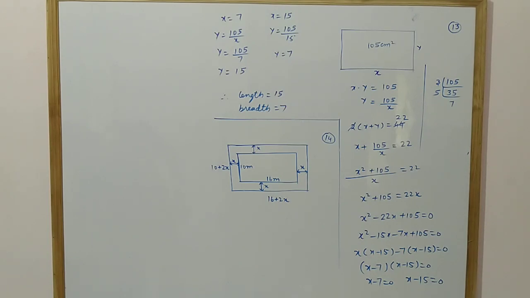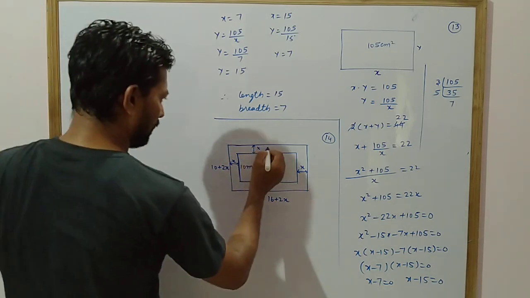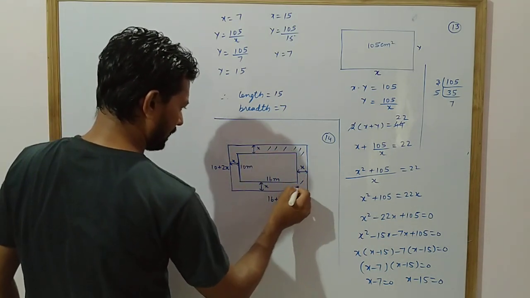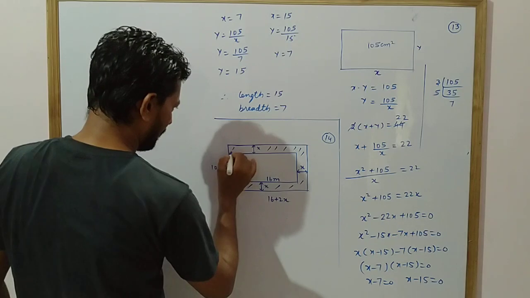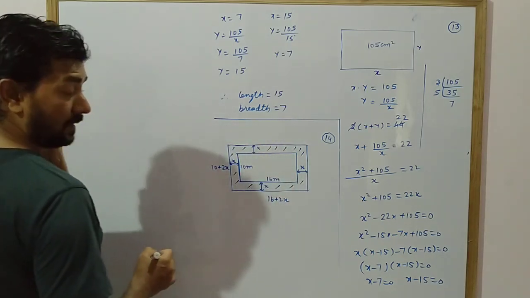Assuming the width of the walk to be x, form an equation in x and solve it to find the value of x. The area of this portion is given to be 120.